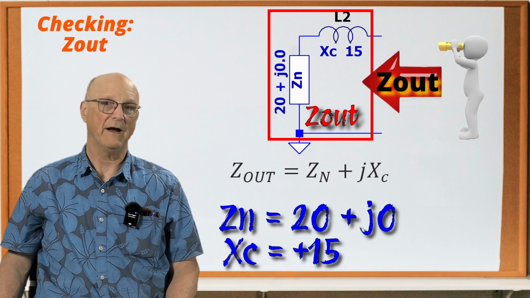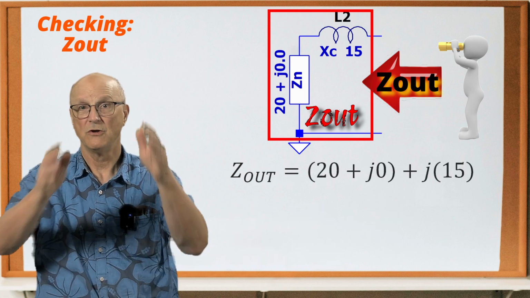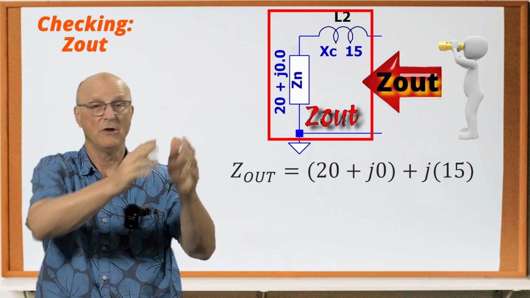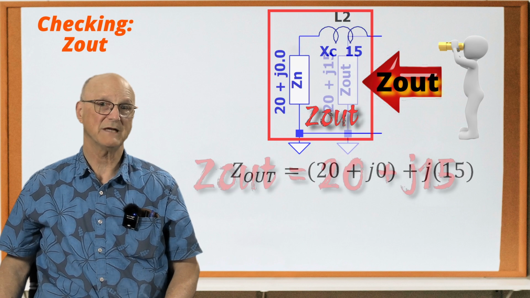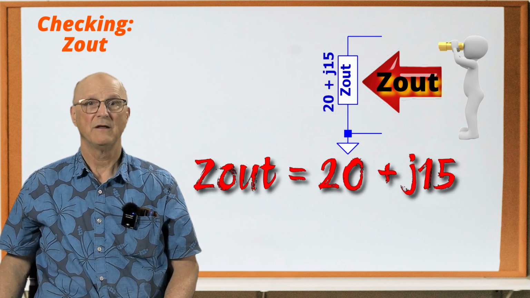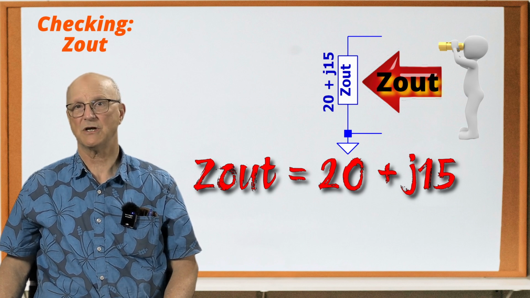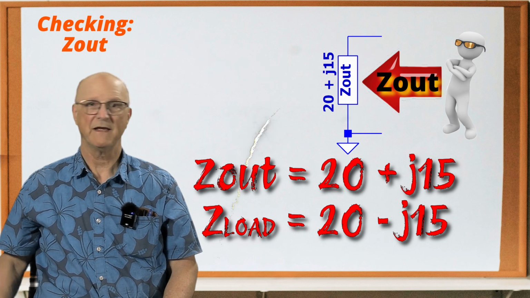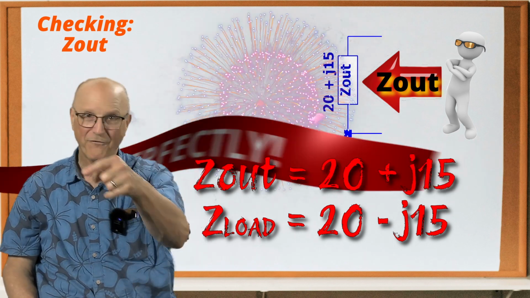We get that our output impedance is equal to 20 plus j0 plus j15, so the output impedance comes out to be 20 plus j15. This is the complex conjugate of the load impedance of 20 minus j15. Exactly, perfectly, right on.